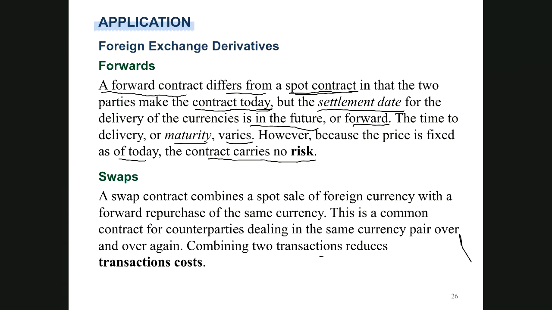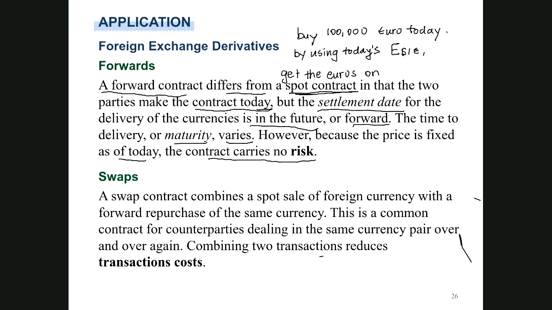So for example, if you buy 100,000 euros today, using today's exchange rate, but you are going to get the euros on, say, September 1st, and today is July 22nd, right?